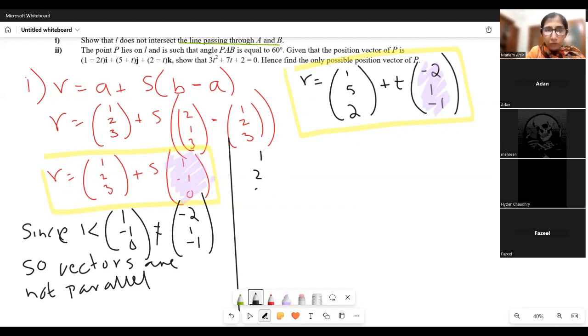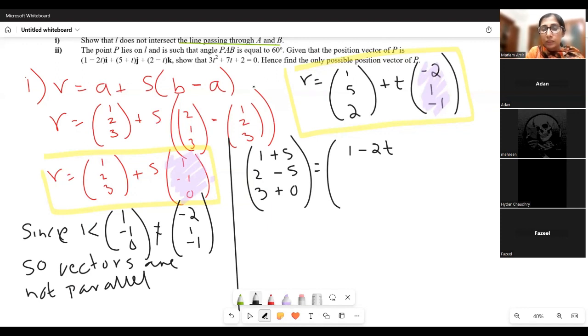Okay, so solve these two simultaneously. We have (1, 2, 3) plus s here, minus s here, plus 0 here, equals (1 minus 2t, 5 plus t, 2 minus t). Now equate these. So 1 plus s equals 1 minus 2t. That means s equals minus 2t.